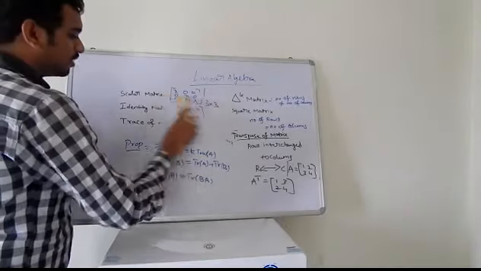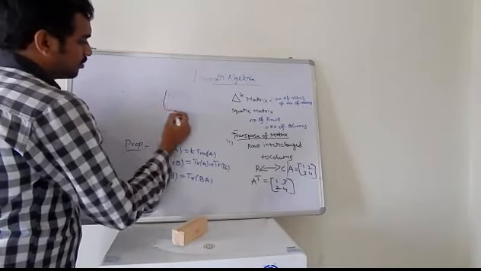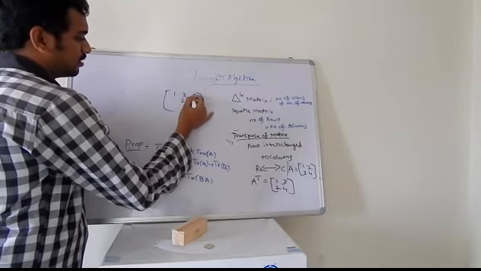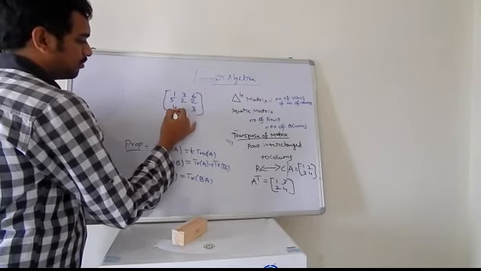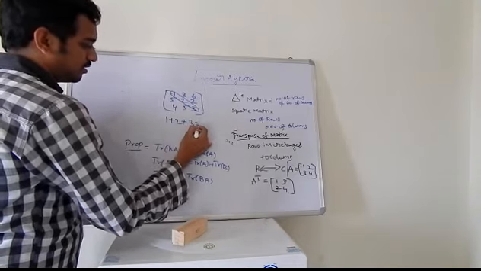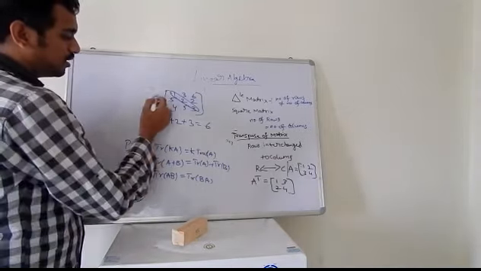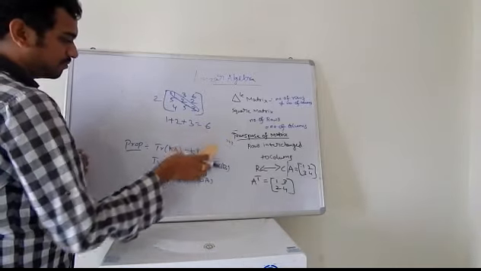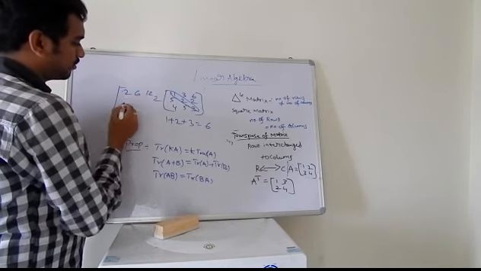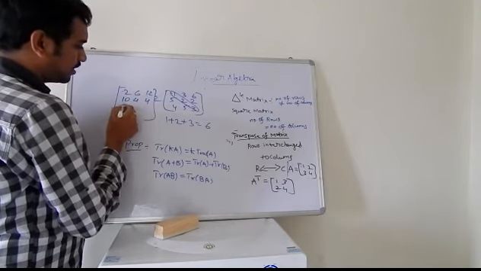Let's see how that happens. Here the matrix is 1, 2, 3, then 3, 6, 5, then 2, 4, 5. The trace is 1 plus 2 plus 3, it is 6. If I multiply by a factor of 2, it is multiplied with each and every term, so we get 2, 4, 6, then 6, 12, 10, then 4, 8, 10.